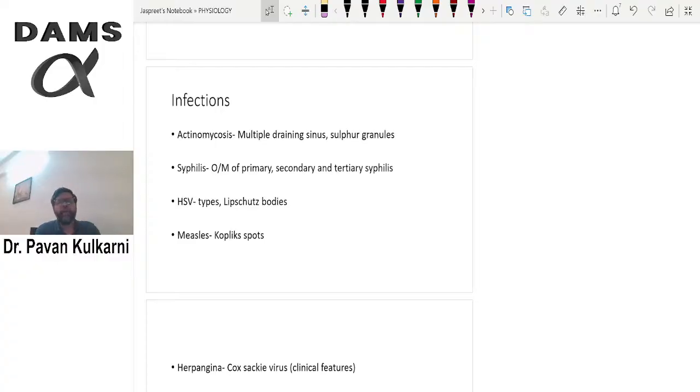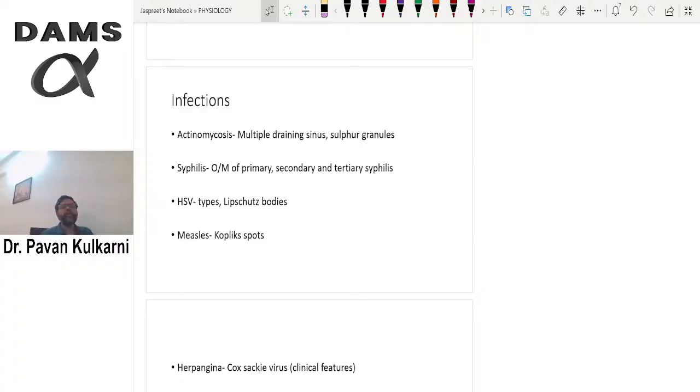Particularly, they'll ask which type of microscopy you use to diagnose syphilis, like dark field microscopy. And what is the special stain to diagnose the spirochetes? That is a silver stain. All those questions are very commonly asked in case of syphilis.